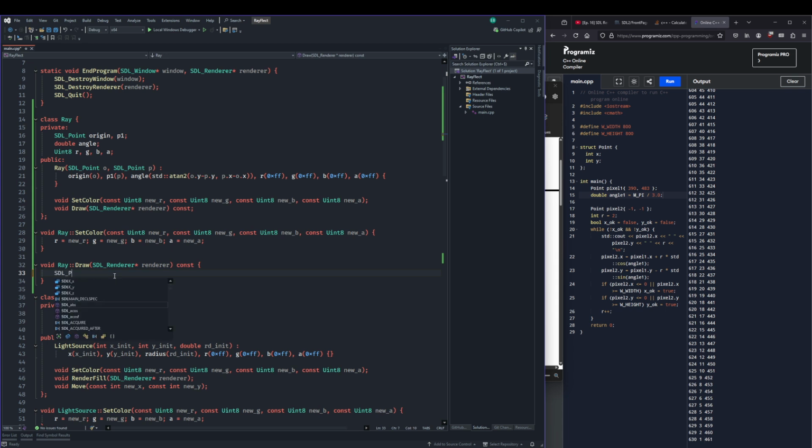So I'm going to create SDL point pixel 1, which is simply going to be P1, and the angle will also have it. So let's just do SDL point P2.